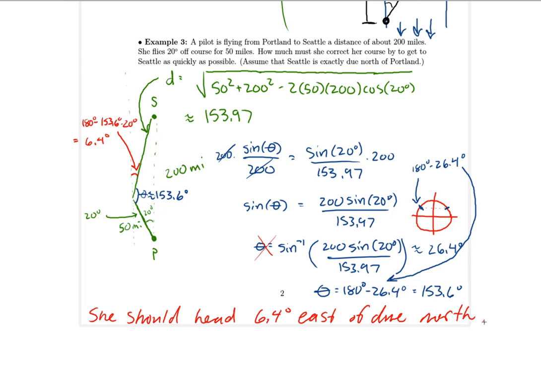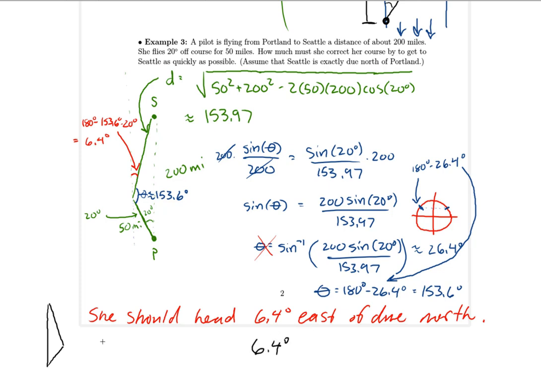Now, if you had chosen to set up your picture in the opposite fashion, in other words, if your picture looked something more like this, where her initial going off course was to the east, then you would still get 6.4 degrees.